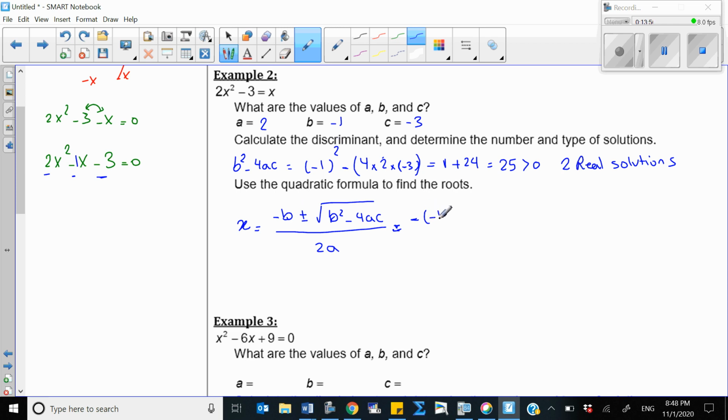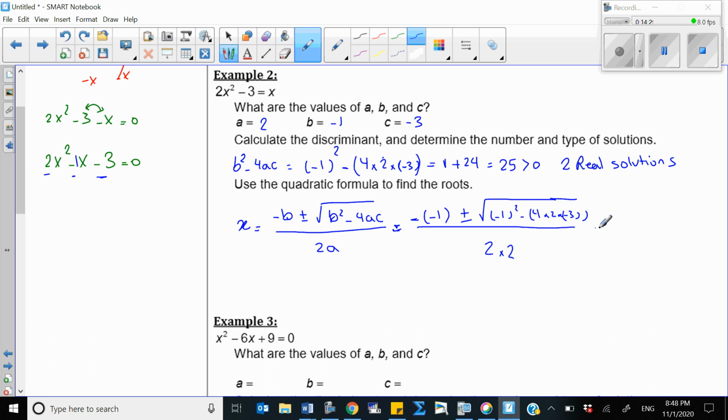So it's going to be negative times negative 1, plus and minus the square root of b squared, which is negative 1 squared, minus 4 times 2 times negative 3, which we already calculated as 25. I'm just going to write that to make sure you know what is happening here. The denominator is 2 times a, and a is 2, so I replace that here.